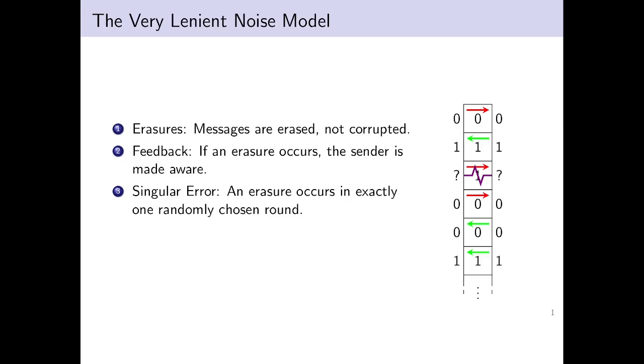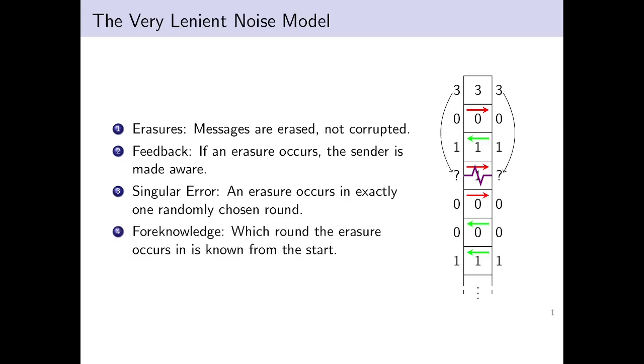But further than that, we actually give the parties one more thing, which is foreknowledge. At the start of the protocol, after they've locked in the order they are speaking, so after they've decided who's speaking in what round, they are told such and such round will be erased. And this gives the parties a huge amount of leeway, because they basically get to run a noiseless protocol ignoring the round in which the erasure will be happening. And they can run a completely different noiseless protocol for every possible round the erasure might occur in.